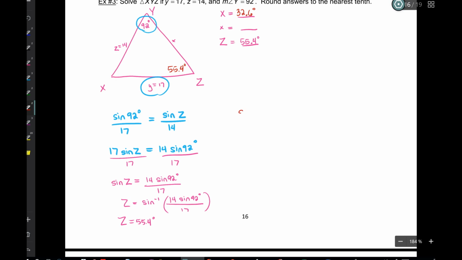And now we could set this up, sine of 92 over 17 equals sine of 32.6 degrees over side x. It's always easier when you're trying to find a side, but so here we have 17 sine of 32.6 divided by sine of 92.